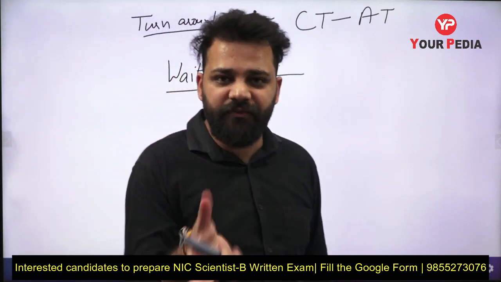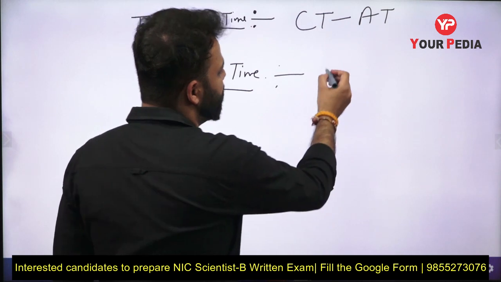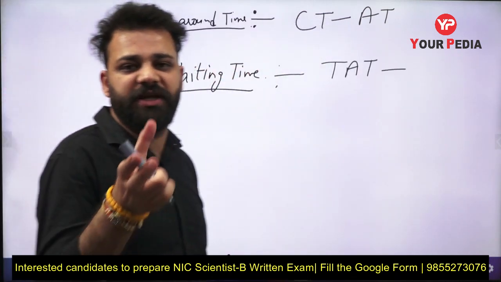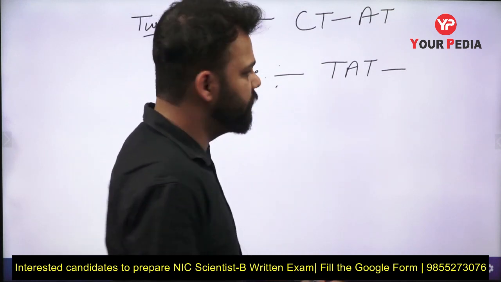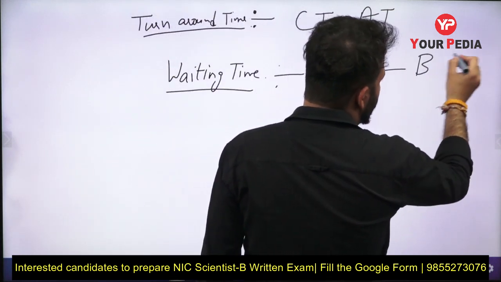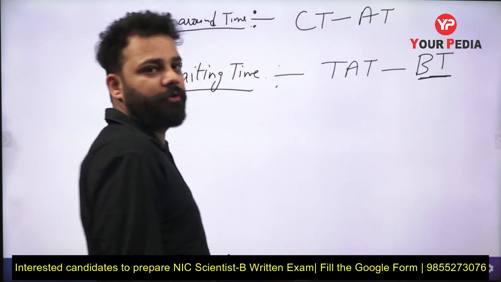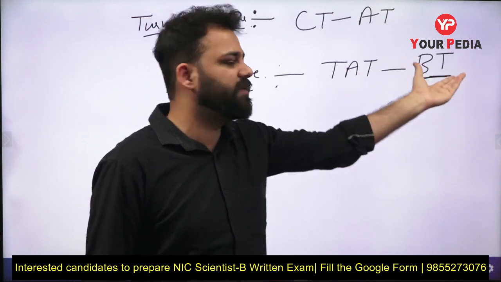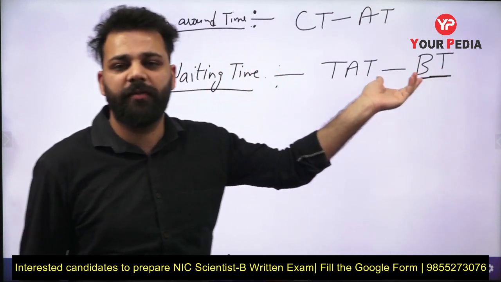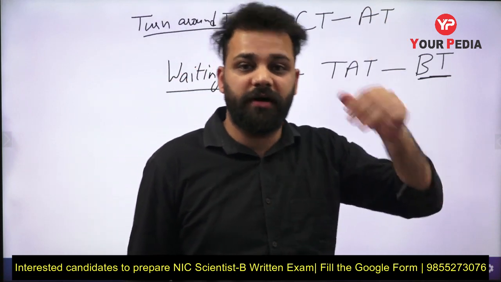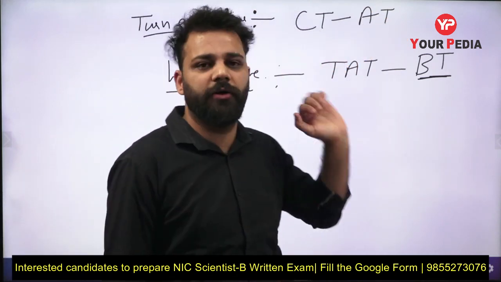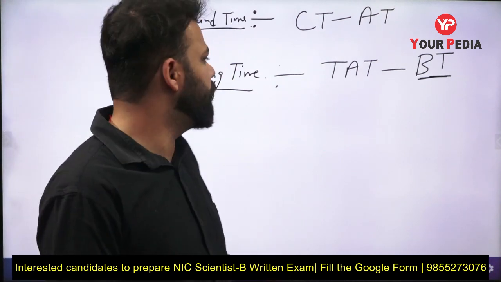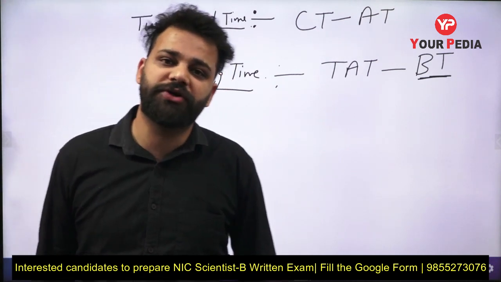The total time the job was present in the CPU is turnaround time, minus the time for which it was actually executing, which is burst time. The remaining time will be equal to waiting time.